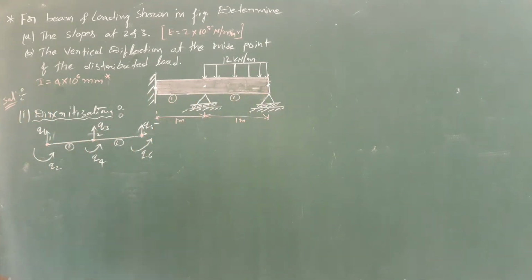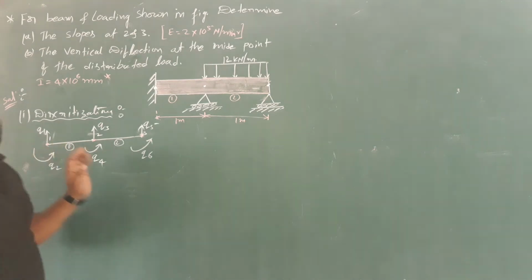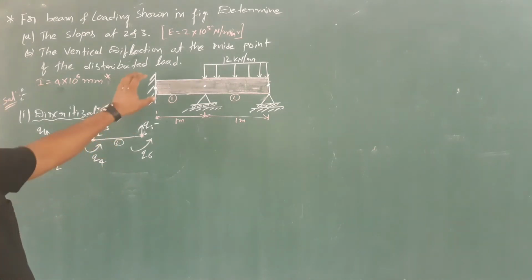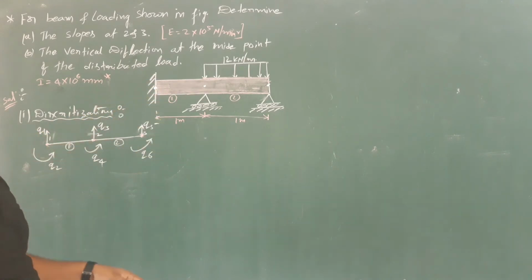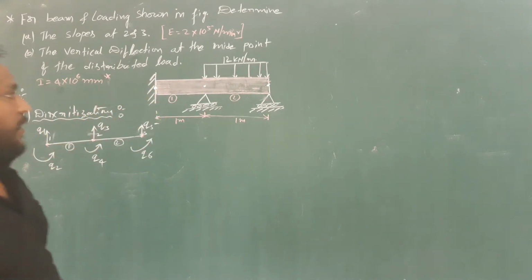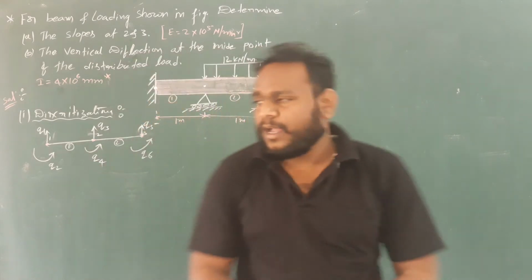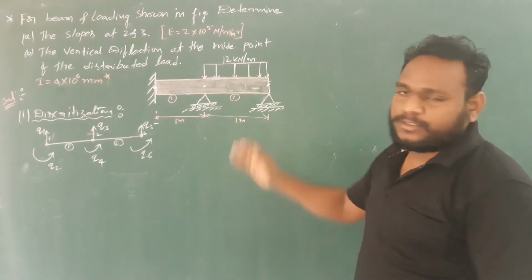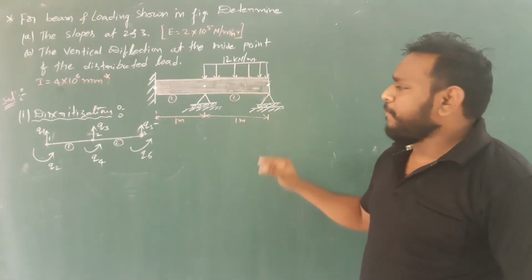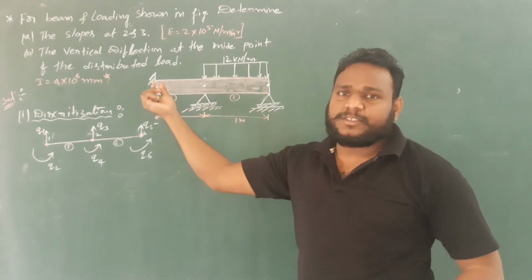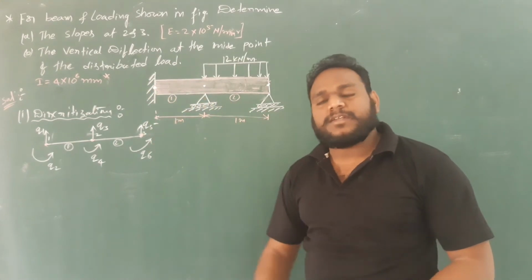Each node has 2 displacements. You know very well about it, because I have already explained each and everything about beam element. I have already done videos on this particular beam element. Each node has 2 displacements, one linear displacement and another angular displacement.